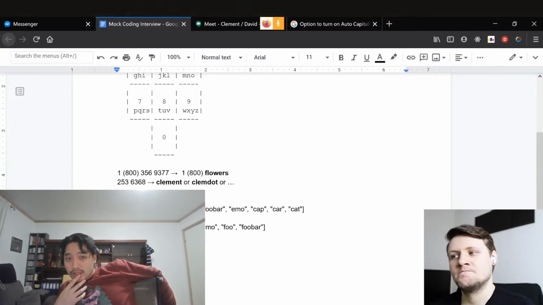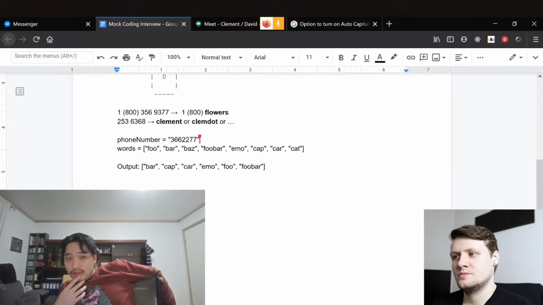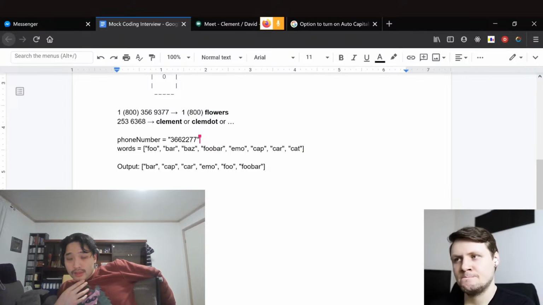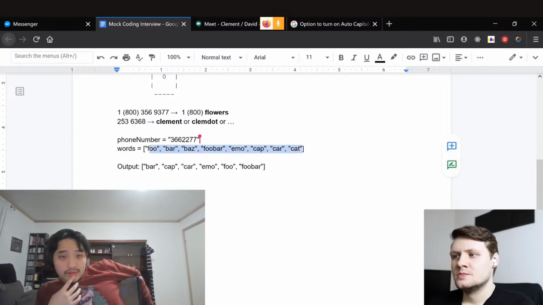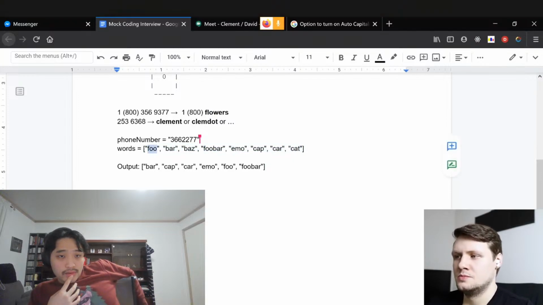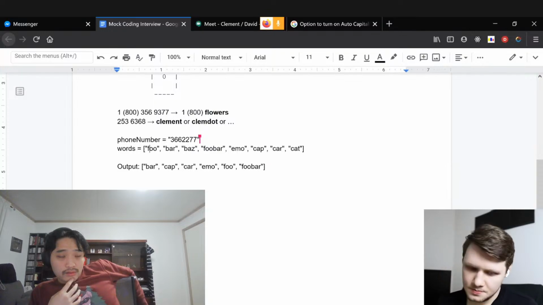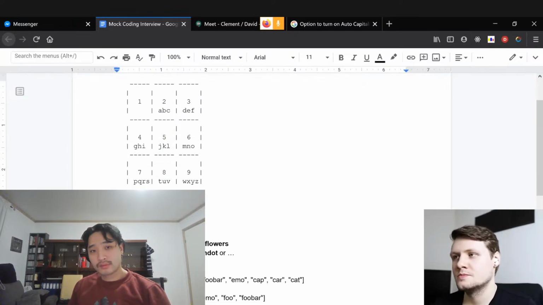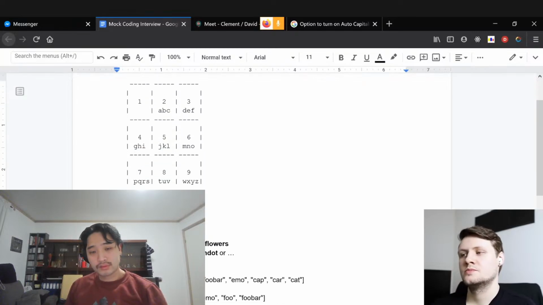Interesting. Okay, so I guess maybe first it might be helpful for me to do some simplifications of the problem a bit. So for these words, if we just want to see if some word corresponds to some number, it's probably easier if I replace each letter with whatever number it would correspond to, right? So in the first instance, like 366 could be a bunch of things, but if I'm looking for foo, for instance, foo would be 366.